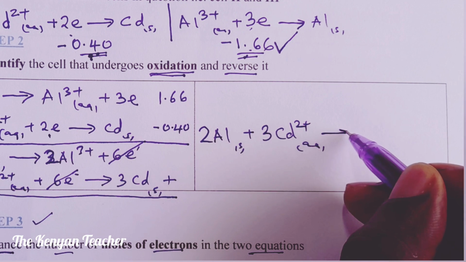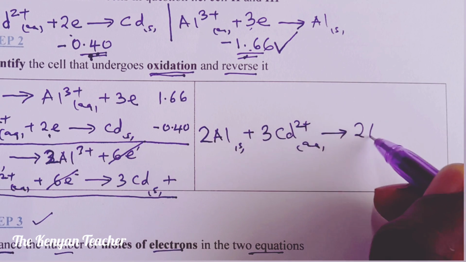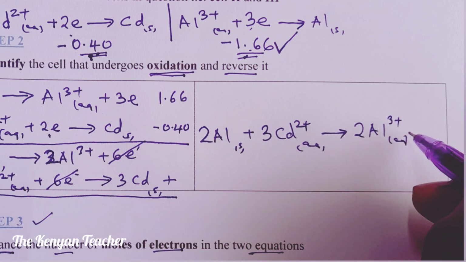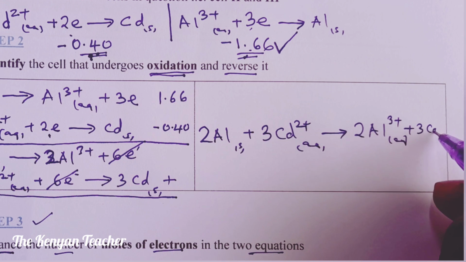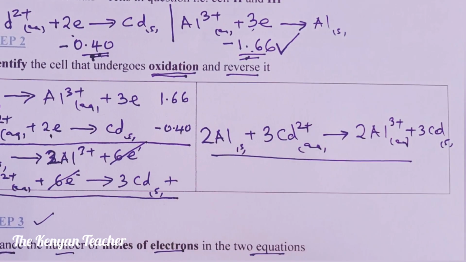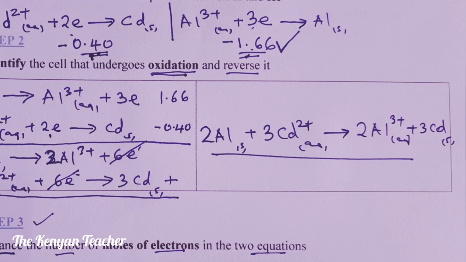Then on the right, I will now have 2 moles of aluminium ions together with 3 moles of cadmium solid. So this now becomes the overall equation for the electrochemical cell. And that is what the examiner expected of us in question number 4, part A, Roman 3.